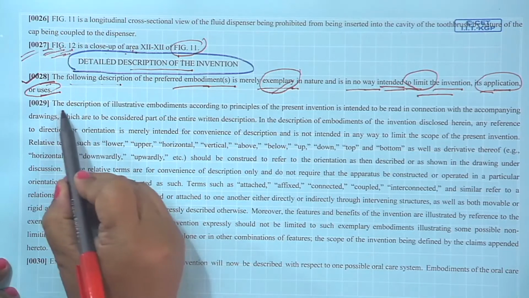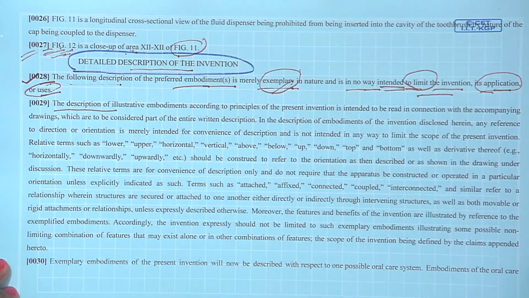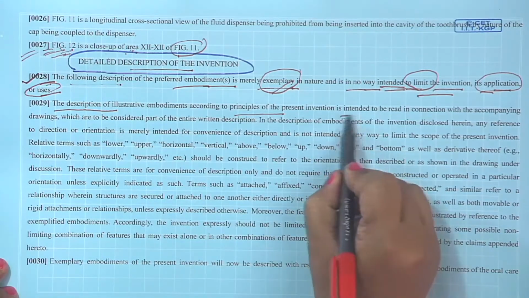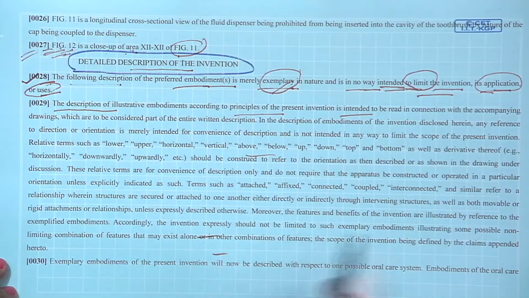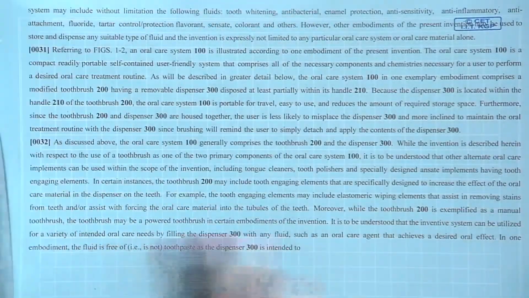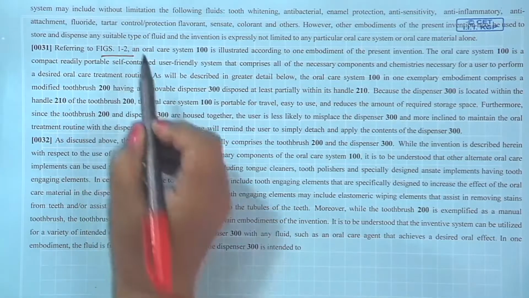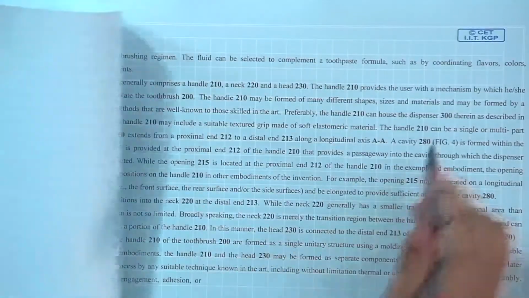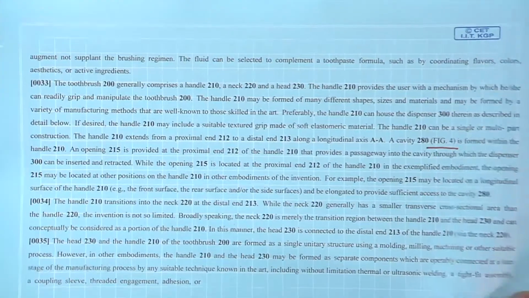Okay. And then it starts with the description of illustrative embodiments according to the principles of the present invention, and then it continues giving the information, explaining all the figures in detail.